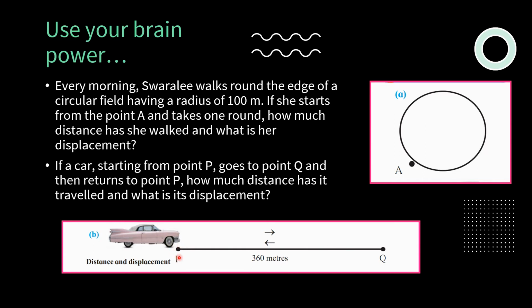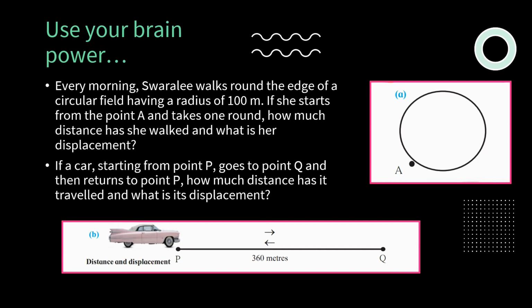Displacement, as we are talking about, since the car came back to the original point, is 0. Distance: the car travels from point P to Q, which is 360 meters, and then from Q to P, which is again 360 meters. Adding these two, we will get the distance.